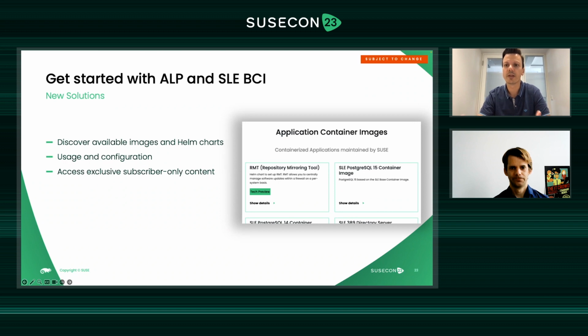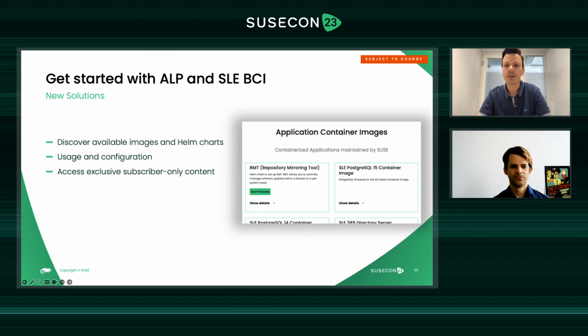So we'll be adding filtering and search capabilities to the registry so you can find the image that really fits your needs. We will also show you documentation with guides on how to use those images, because every image is a bit different from the other. They contain different packages and they're made for different solutions. So we will show you guides on how to use each of them.